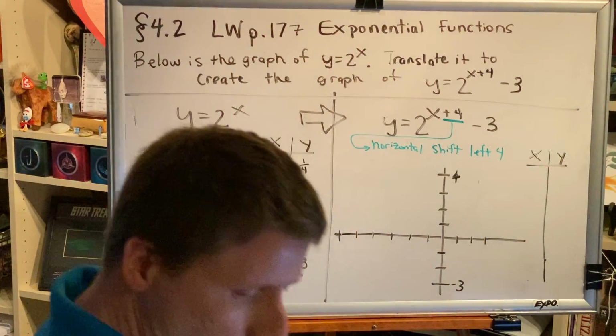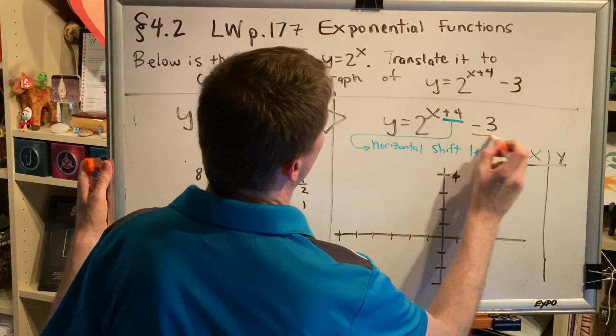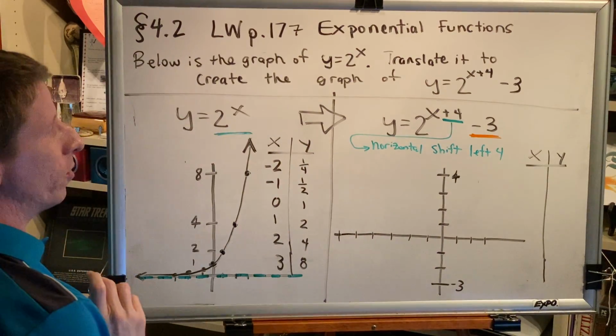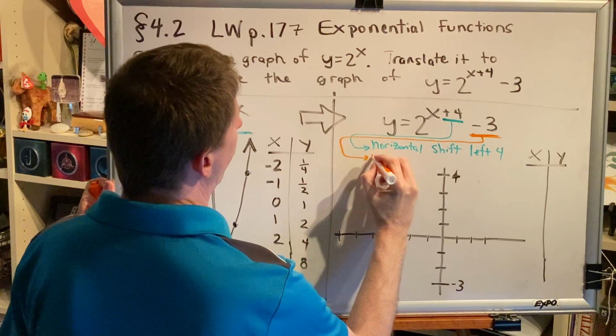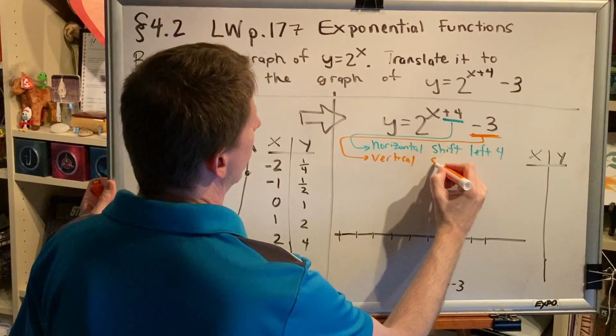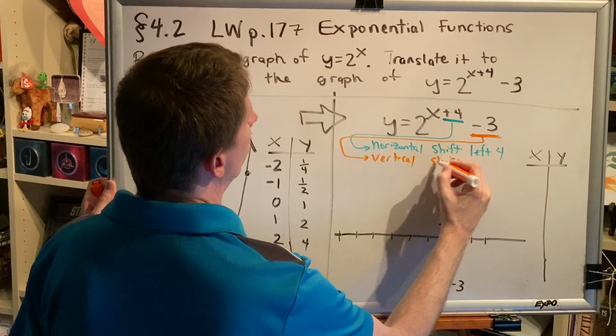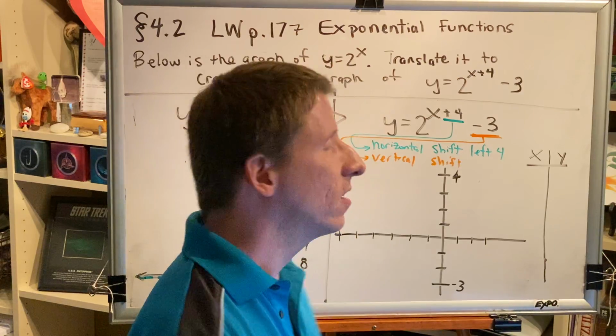All right, then the other change that we observe is this right here, this subtract 3, which is outside far from x. So that represents a vertical. The fact that it's adding or subtracting makes it a shift. Now, vertical shifts behave exactly the way you would expect. Add is up, subtract is down.